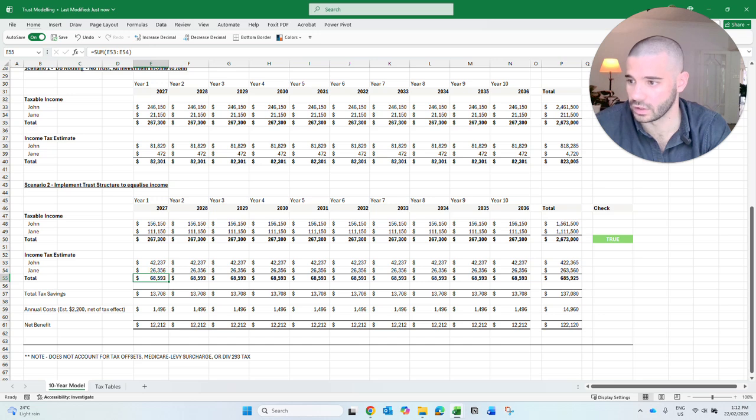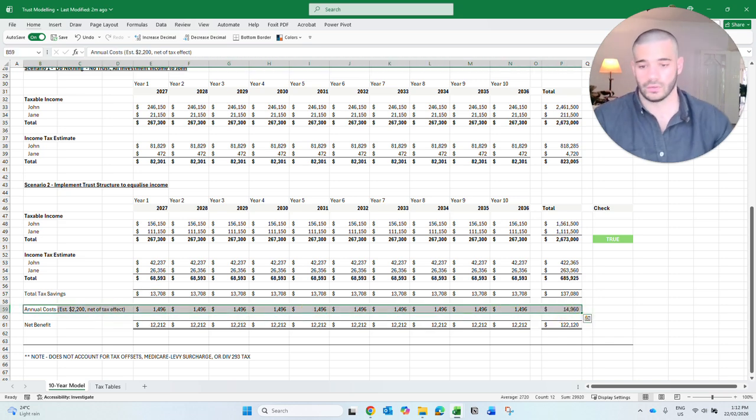But overall, the combined figure really is what we're looking at here. And so you can see under scenario 1, 82 grand worth of tax. Using the trust, we've got about $68,000 worth of tax. So in this scenario, we're saying the net benefit is $13,000 per annum, minus the costs of running the trust, so accounting fees, maybe some bank fees.